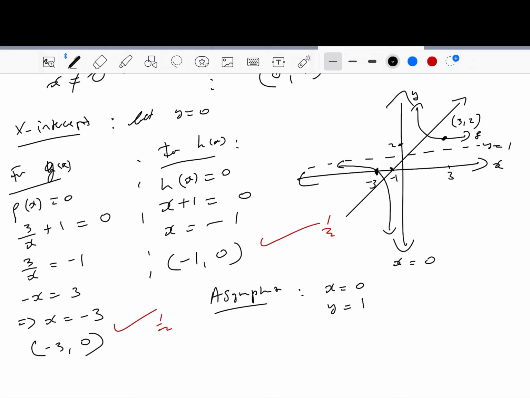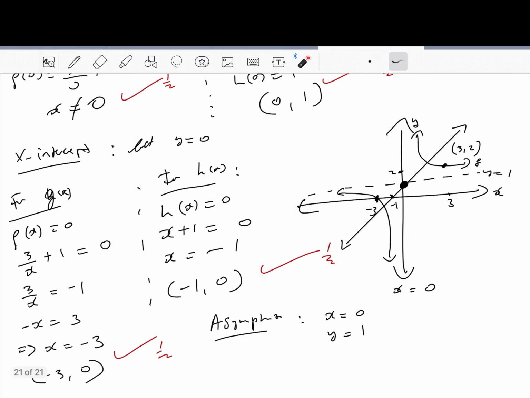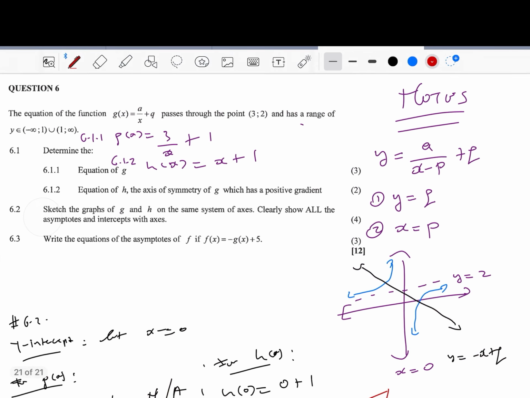I know this doesn't look symmetric, but it does, and it also passes by 1 as well. Remember, the y-intercept of h is (0, 1), so it passes through the asymptote. Boom. So this is your h, and then the final mark will be just writing this down.